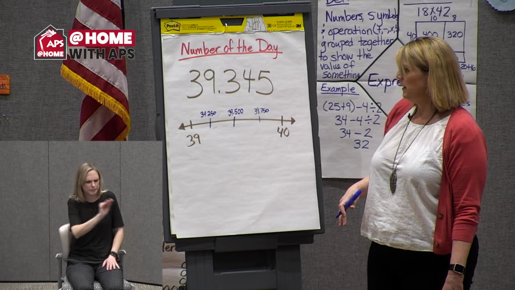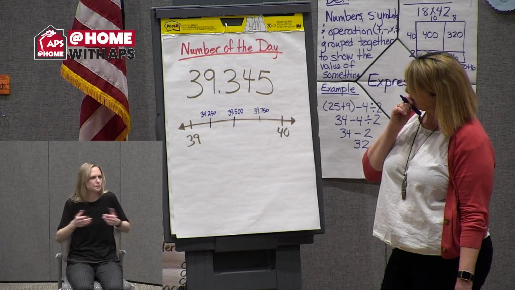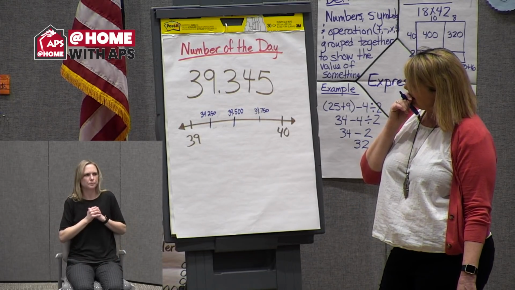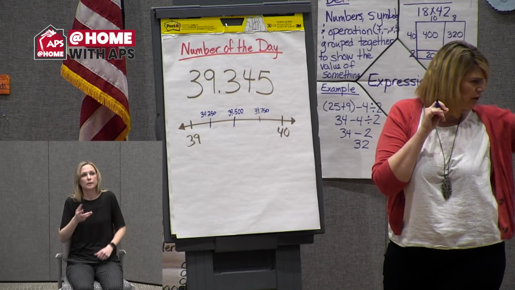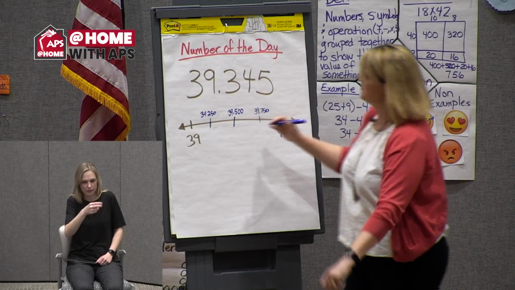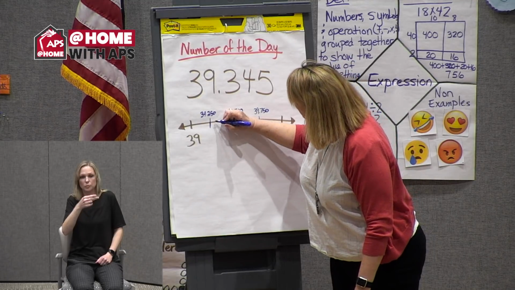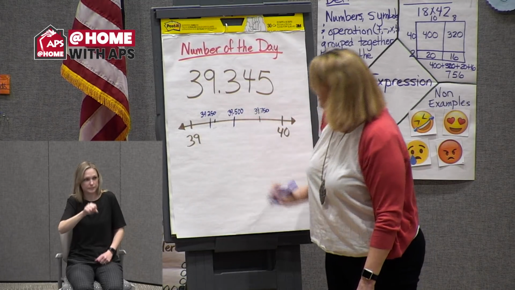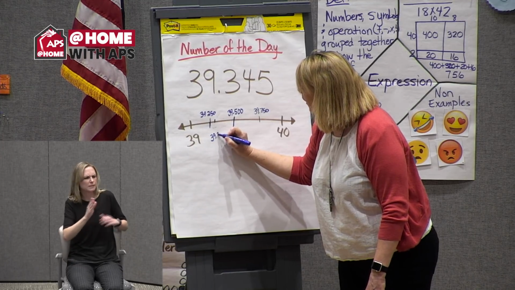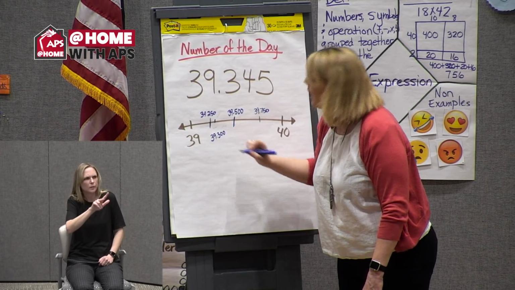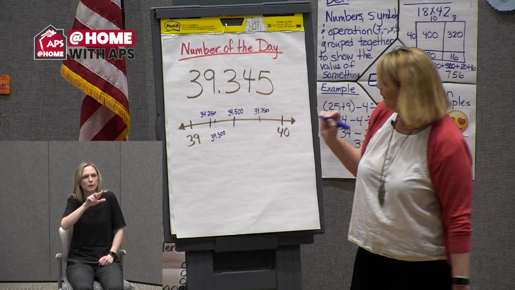I got to break it up even smaller. Maybe I'll do it by 50s, by 50 hundredths, maybe. That sounds like a good place. How about this number right here? I'm going to say that is the 39 and 300 thousandths.